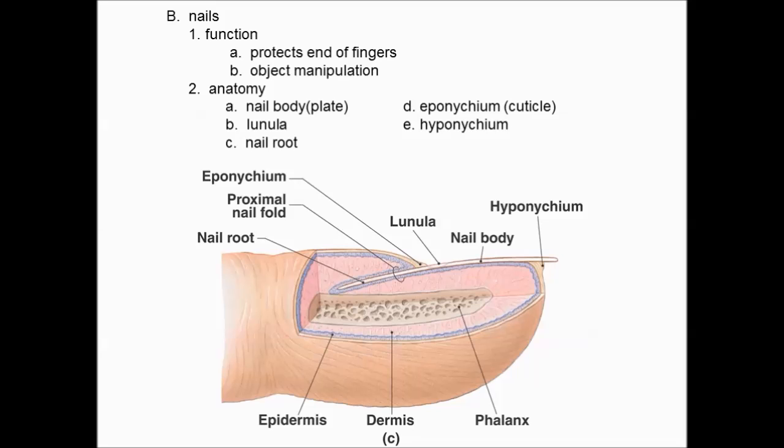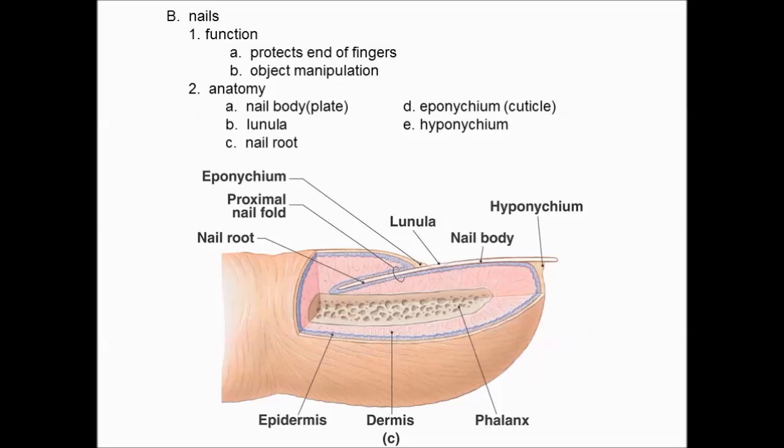But anyway, the value of fingernails. Fingernails have interesting parts. The body of the nail is the majority of what we call fingernails. I refer to it as the nail plate or body. The lunula is that clearer area right near the cuticle, or what we call the eponychium.